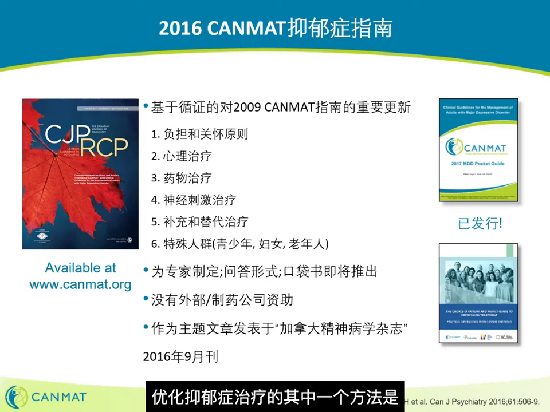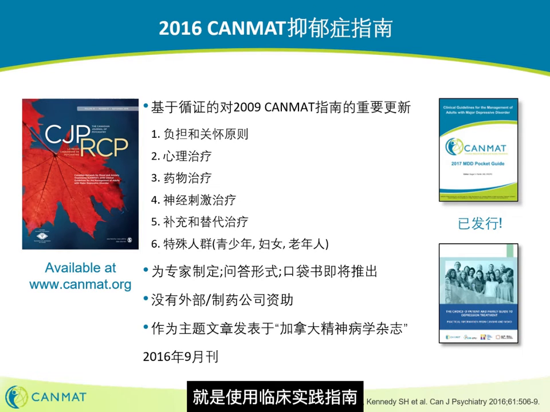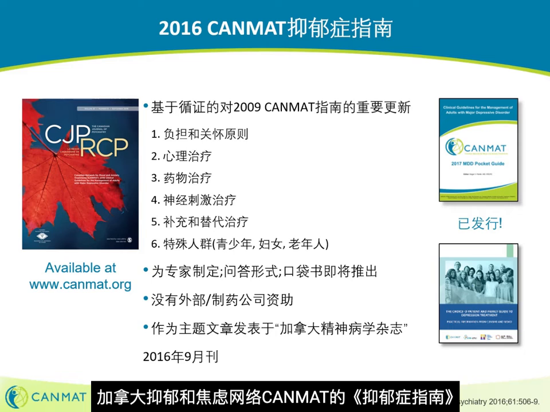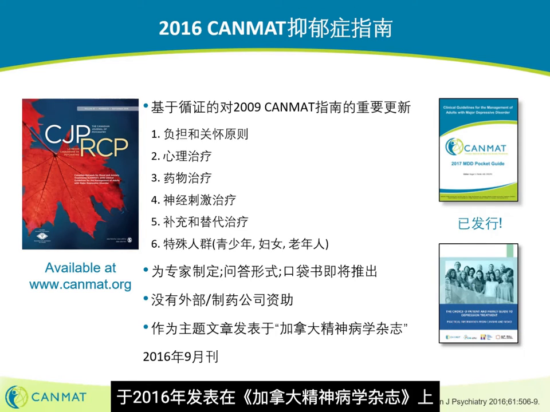One way to optimize treatment for depression is to use clinical practice guidelines. I've been fortunate to co-edit the depression guidelines created by the Canadian Network for Mood and Anxiety Treatments, CANMAT, that we published in 2016 in the Canadian Journal of Psychiatry.